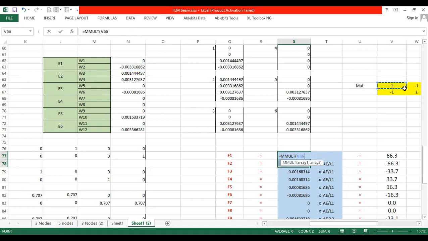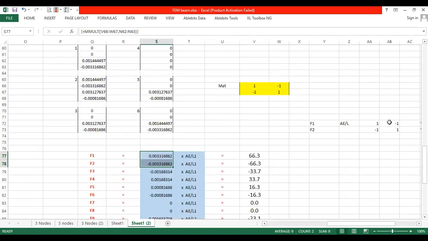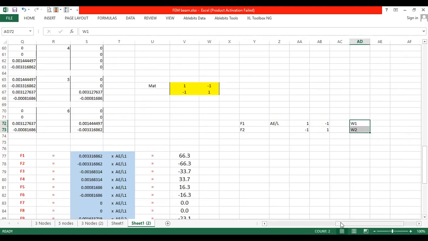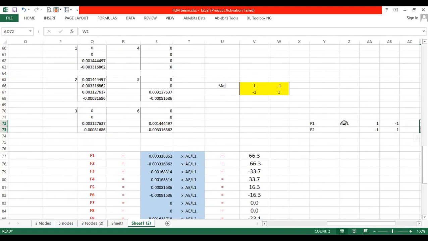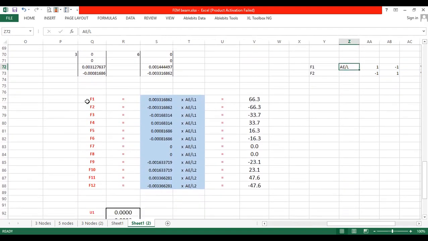First thing is this matrix, then it is multiplied by W1, W2. You have the displacements, right? Then you multiply by the corresponding AE over L, and then you will be getting the forces.